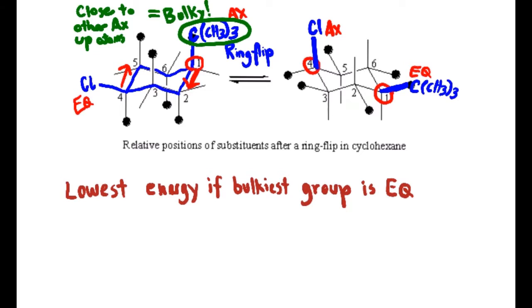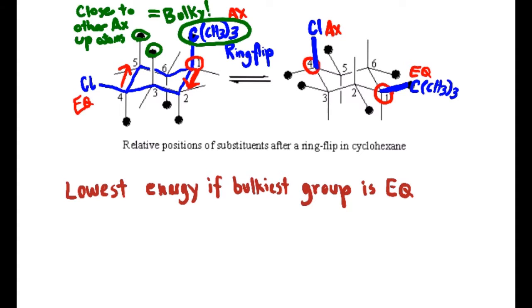So those three green circled groups are going to be very close in space in the axial conformation. On the other hand, if we do a ring flip, our CCH3 group now is instead equatorial.